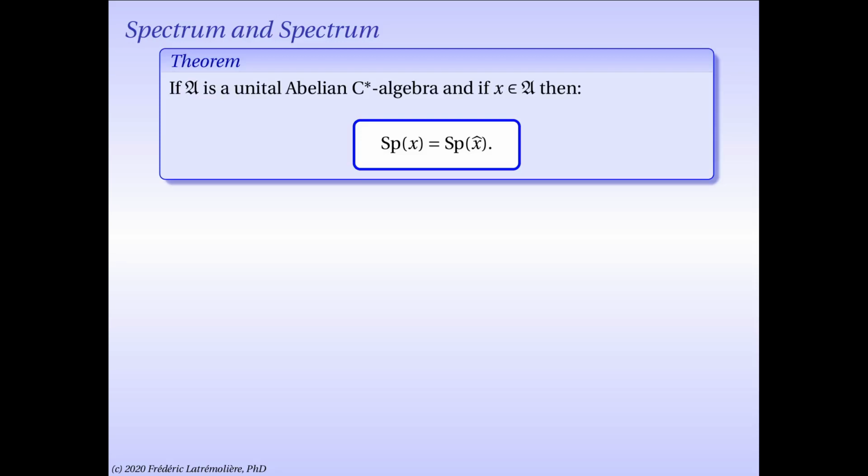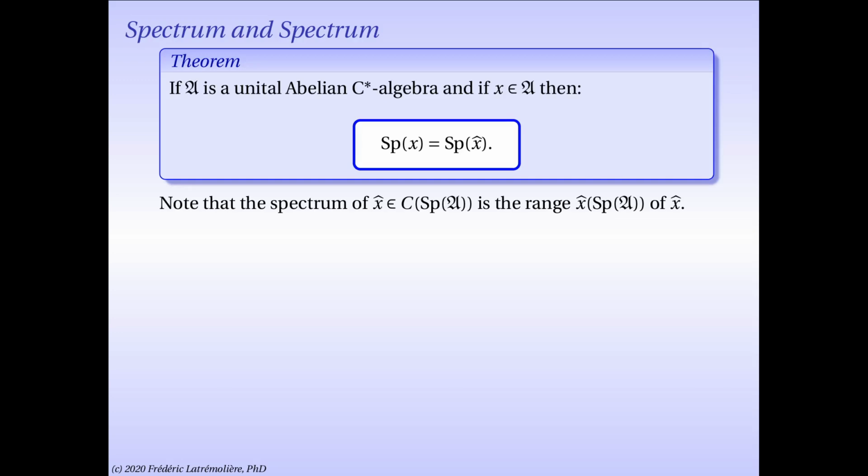So now I want to continue my study of the Gelfand transform, and in fact I want to prove again that it is actually a star isomorphism, and to do so I'm going to start with a really interesting observation that's actually valid for any unital Abelian Banach algebra. We're not going to use a star structure in this proof, but I will state it within the context of this lecture as if A is a unital Abelian C-star algebra, and if you pick an element x in your C-star algebra A, then the spectrum of x as an element of this C-star algebra is actually equal to the spectrum of its Gelfand transform.